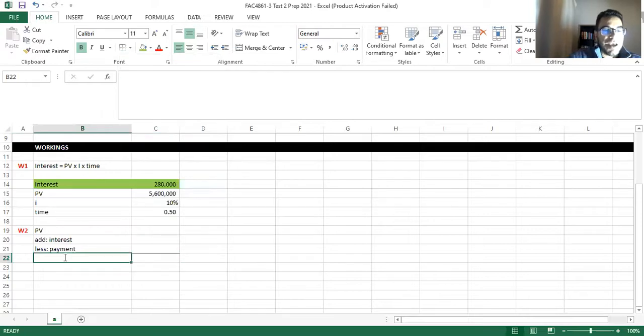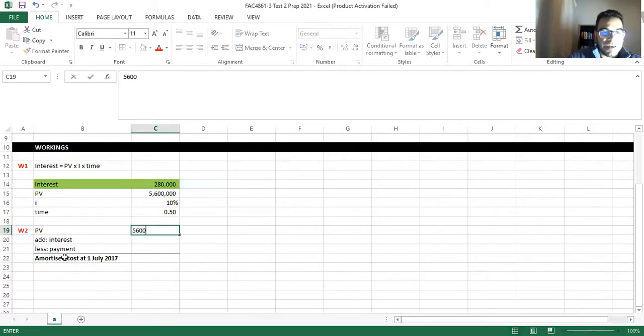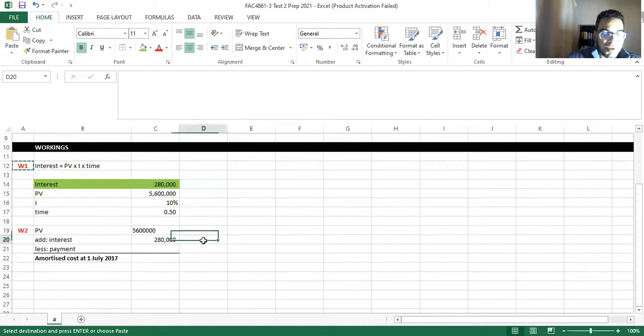So this will be amortized cost at 1 July 2017. We know the amount is 5.6 million. The interest that we earned for the period was only for 6 months, so it was equal to this 280. We'll tell them we got that from working one.